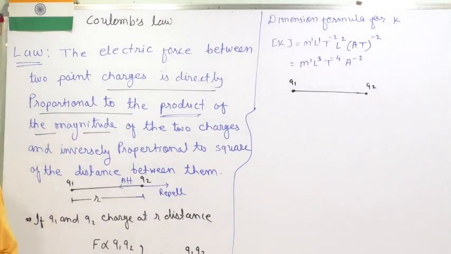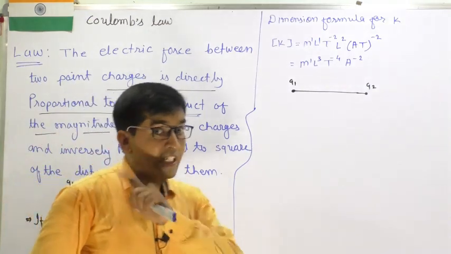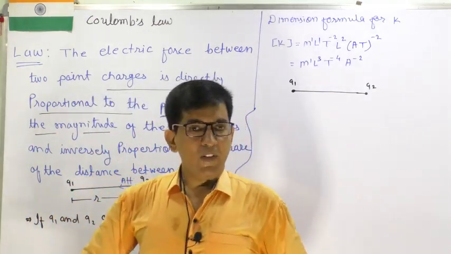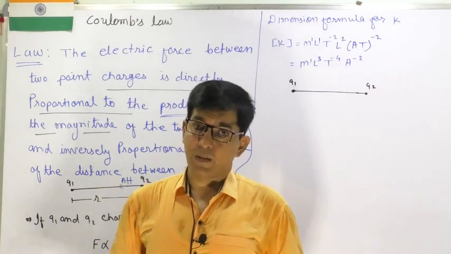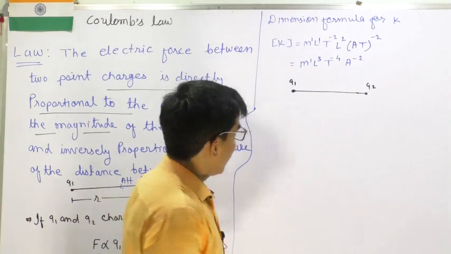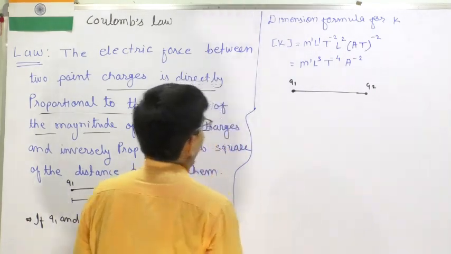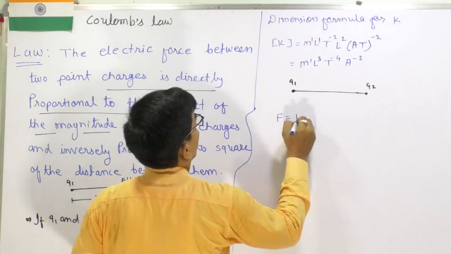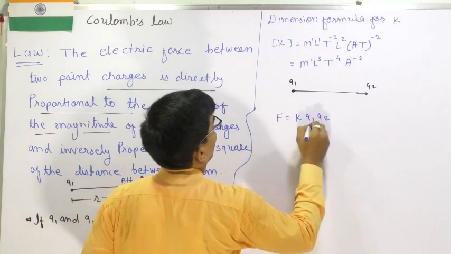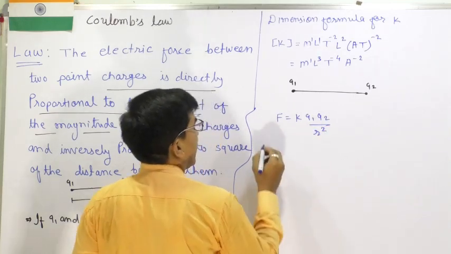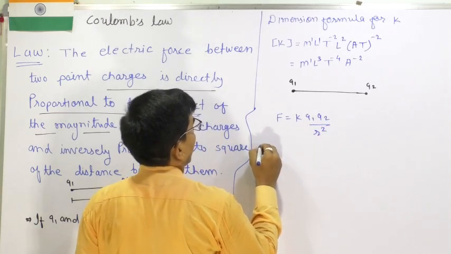K is defined as the force between two unit charges which are lying at 1 meter distance. The formula is F is equal to K Q1 Q2 upon R square. So this is the definition of K.